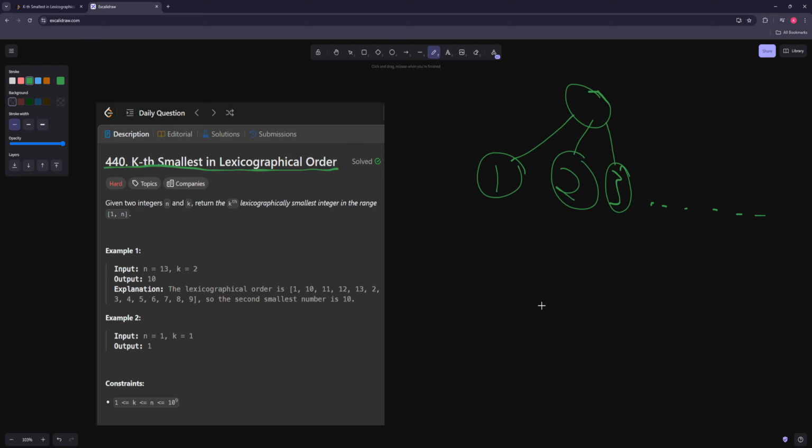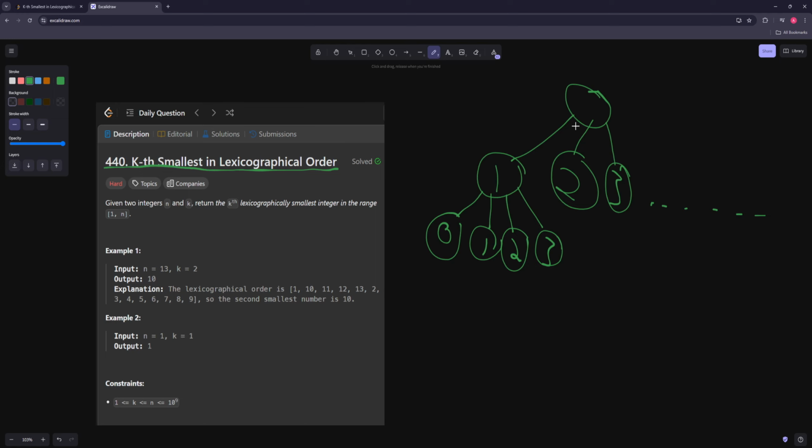And for each one of these starting digits, you can have subdigits, right? For a 1, you can have a 0, 1, 2, 3. And for 2, you can't actually have any subdigits because you can't have 20.